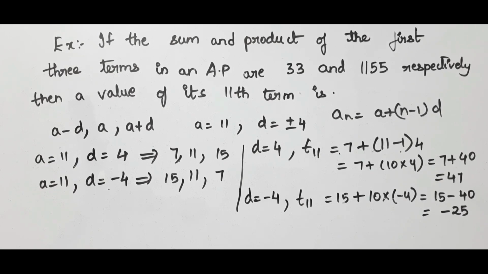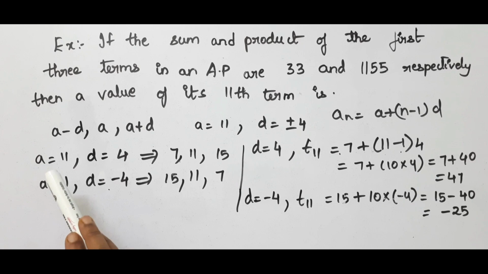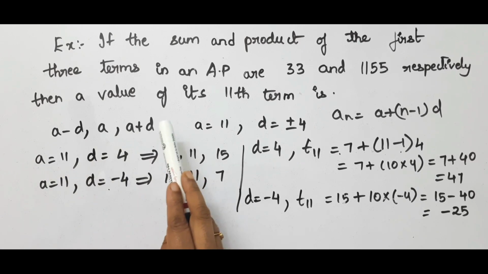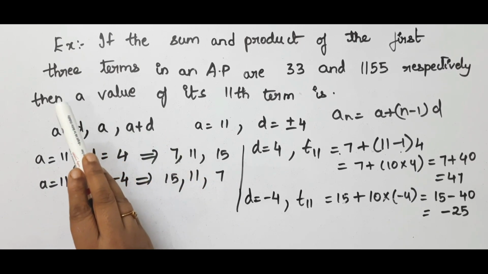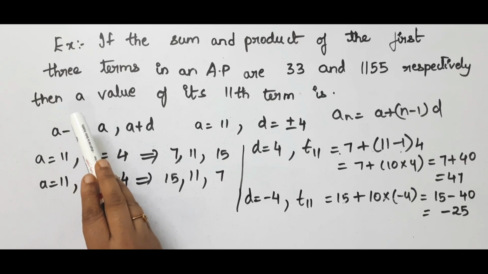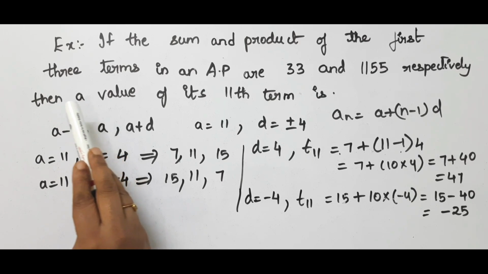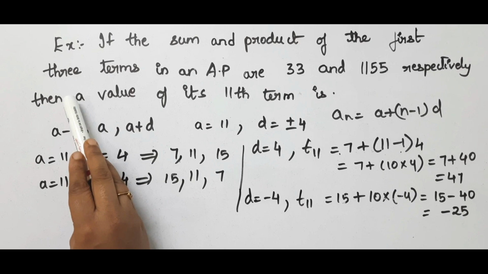So whenever they give this type of problem, first we have to check whether they have given even terms or odd terms condition. Here they have given the condition for odd terms.